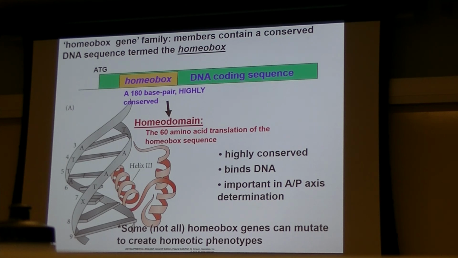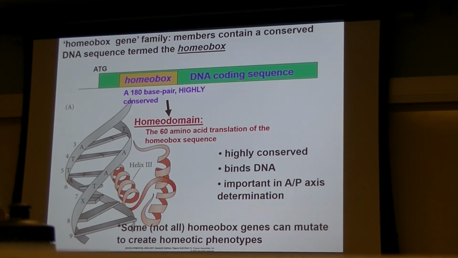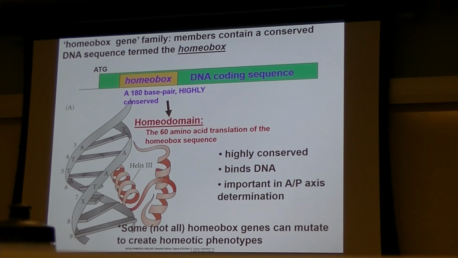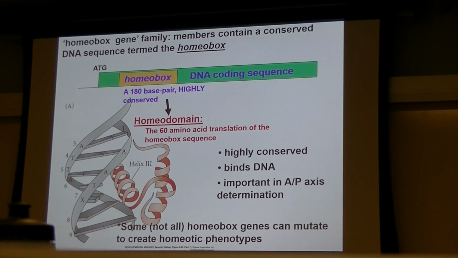It's 180 base pairs long. If you look from one organism to the next, say various different species of fruit flies, other insects, even other species altogether, and you look at the sequence of that 180 base pairs, it's very, very similar. In other words, it's very highly conserved and has not changed.